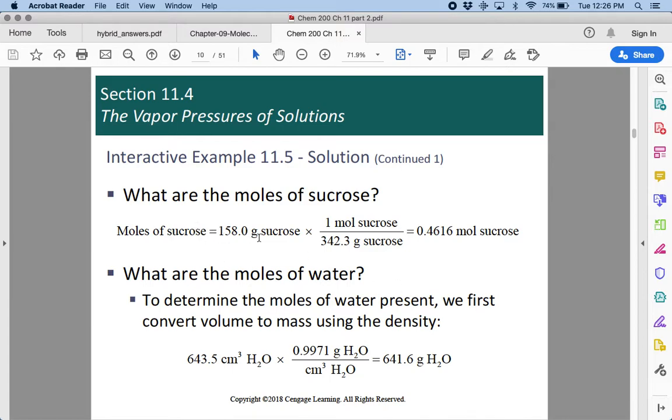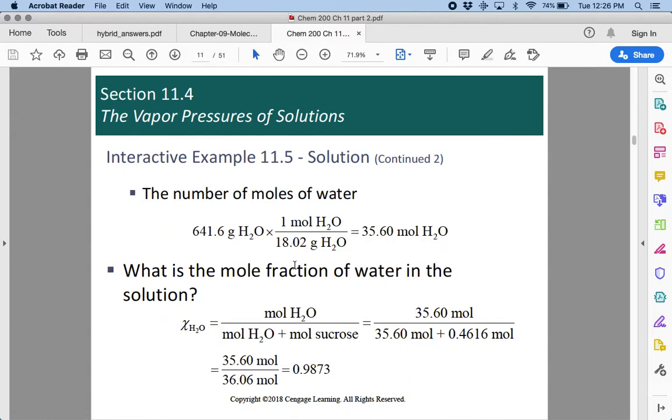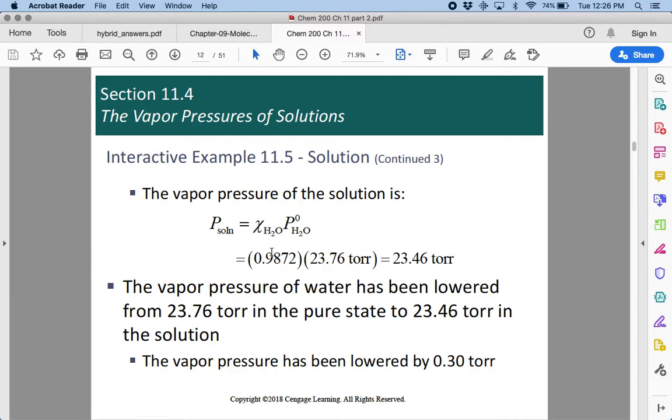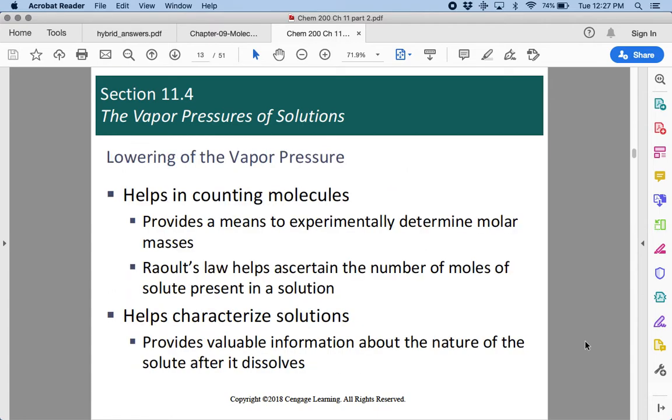If we know how many moles of sucrose we have, and how much water we have in terms of grams, we can determine the mole fraction. Then we can utilize that along with the vapor pressure of the pure water to determine the vapor pressure of the water in this solution.